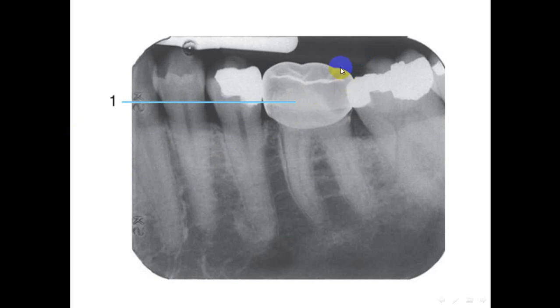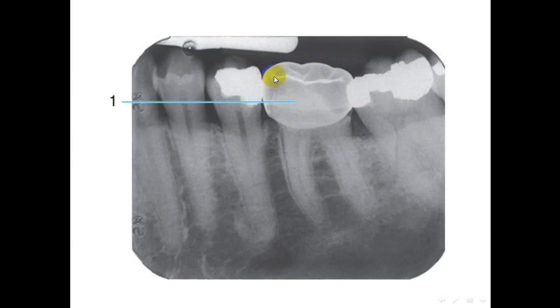Here we see a stainless steel crown, and this is a crown that may be used frequently in deciduous teeth during restoration of badly carious teeth, and previously it could be used as a crown for a very badly carious tooth to restore the normal shape.